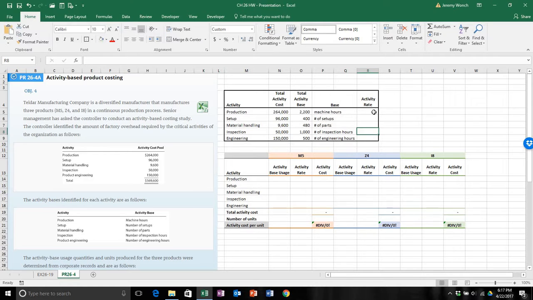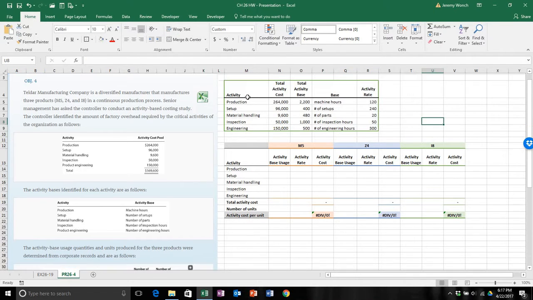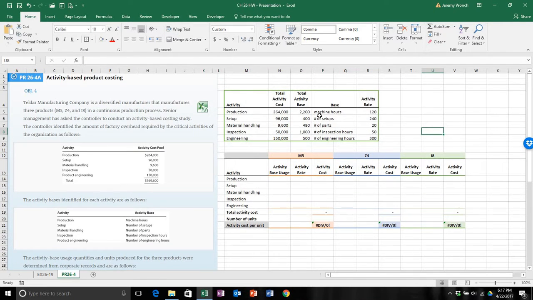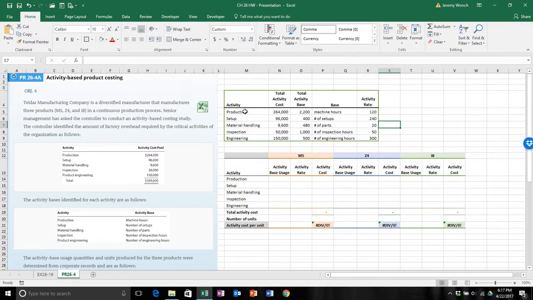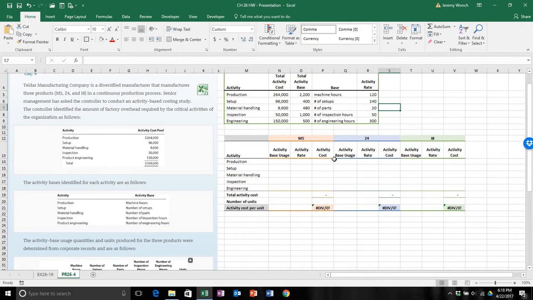Now we can calculate our activity rate: total cost divided by the base. Well, green's fine, I guess. So now we know what the activities are, we know the total cost of each activity, and we know our dollars per machine hour, our dollars per setup, and so on.